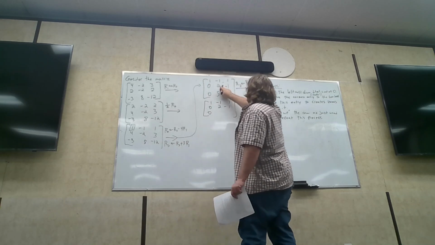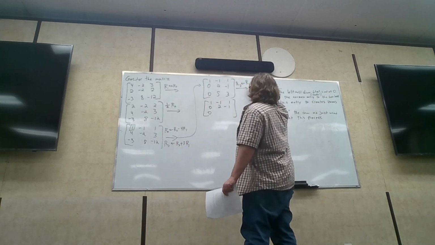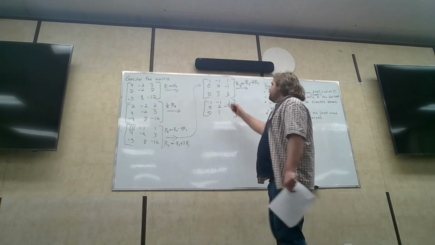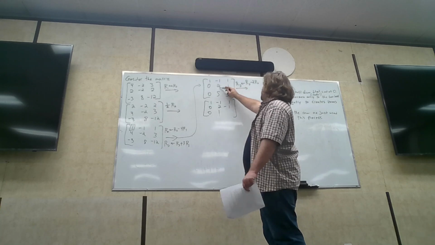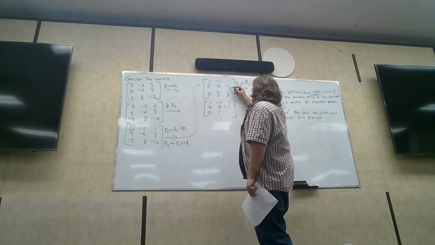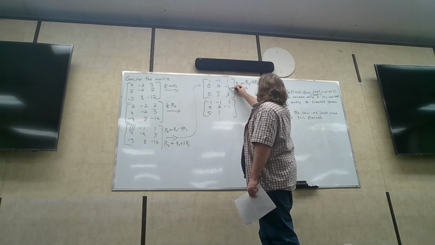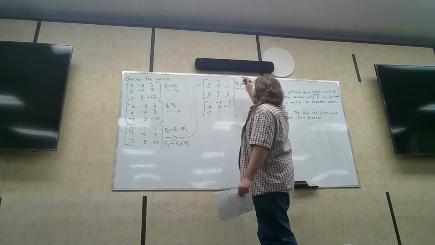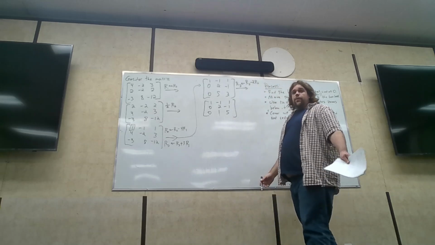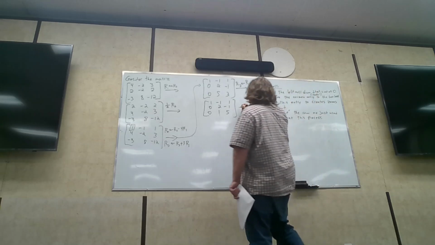So this is 2 times -2 added to this becomes 1, right? 5 minus 2 times 2 is -4, so 5 minus 4 is 1. 3 minus 2 times -1, 3 plus 2 is 5. Right, now we can put that 1 there.